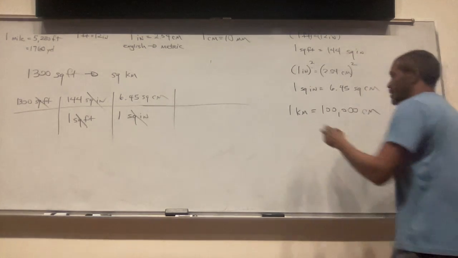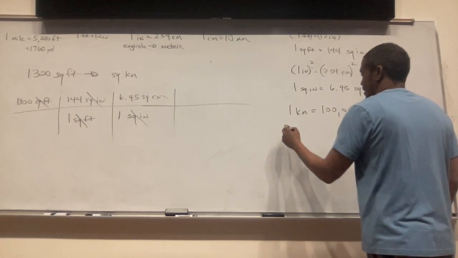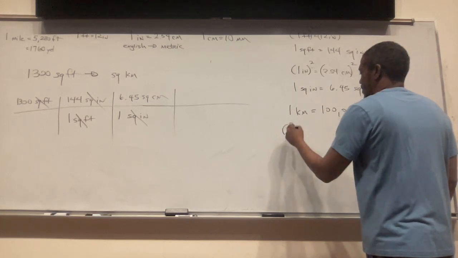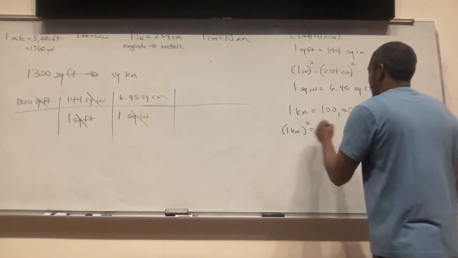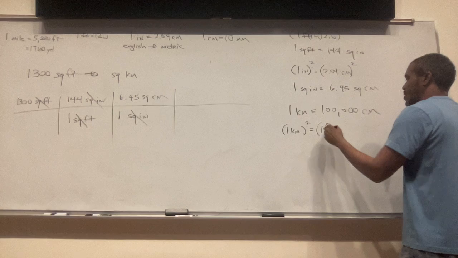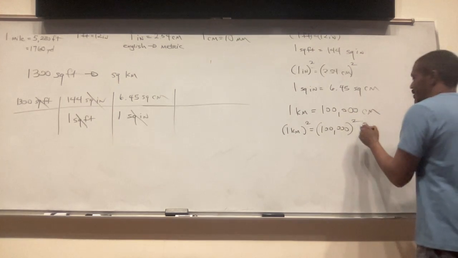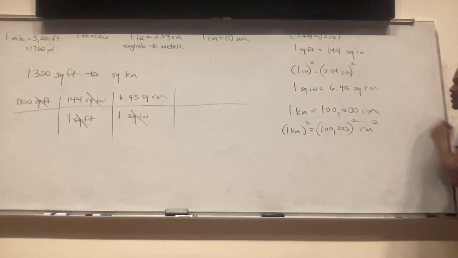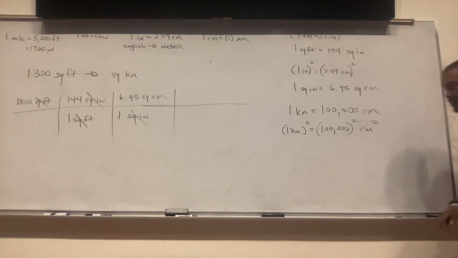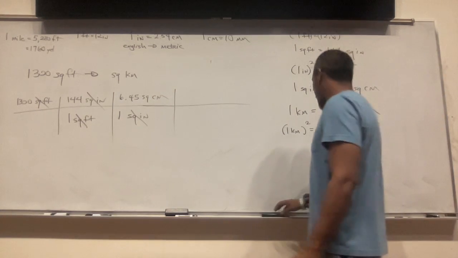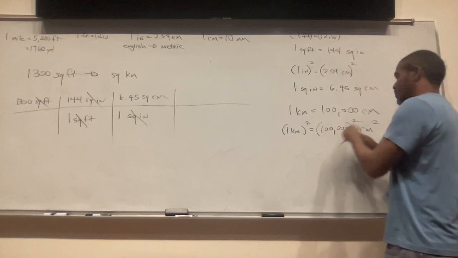Then we square both sides, and we get 1 kilometer squared is equal to 100,000 centimeters squared. That's 10 zeros.